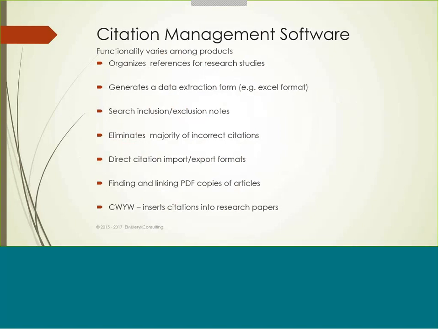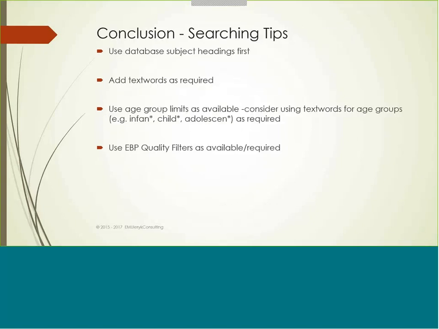Say it's a systematic review: you can even generate your inclusion and exclusion notes and organize your references that way. And of course, the icing on the cake is using it to cite while you write. That has revolutionized and helped reference work in libraries immensely, because we don't have anywhere near the number of incorrect references that we had in the old days when you typed all the references in.